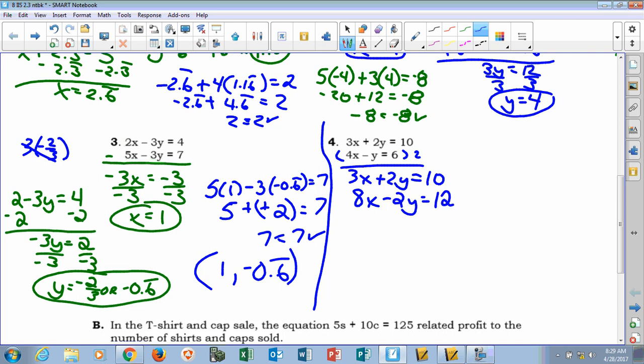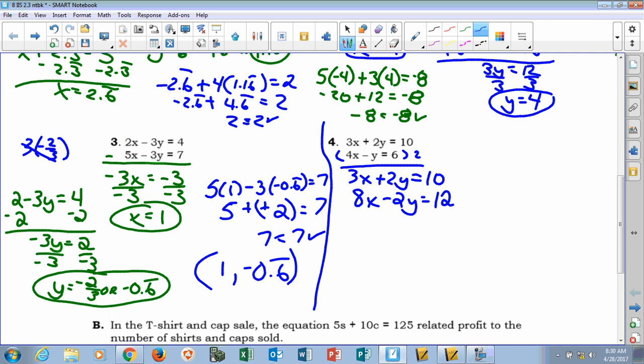So now I've created an equivalent equation, right? Because I can take this and divide everything by 2 and come up with this original equation, right? So it's still the same ratio. So now I can eliminate, right? By doing what? Adding or subtracting? Adding, right? Because we have different signs, same number.